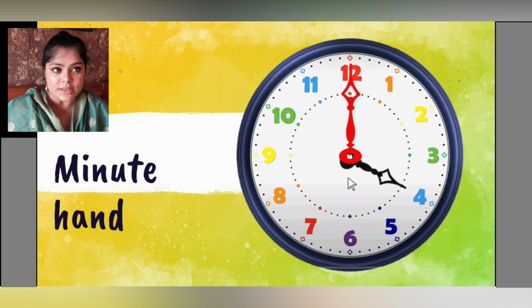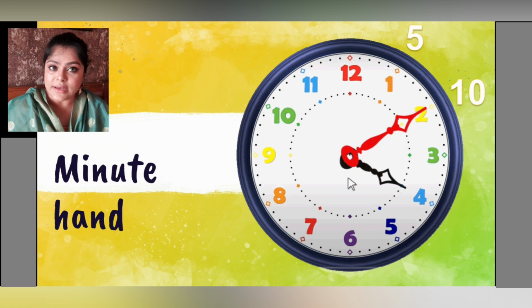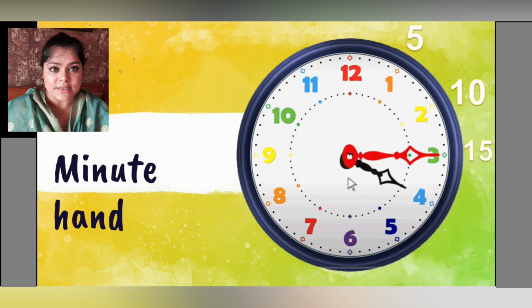So this is 1 minute, 2 minutes, 3 minutes, 4 minutes, 5 minutes. Then 6 minutes, 7 minutes, 8 minutes, 9 minutes and 10 minutes. Then 15 minutes. So you can see this is 5, 10, 15.